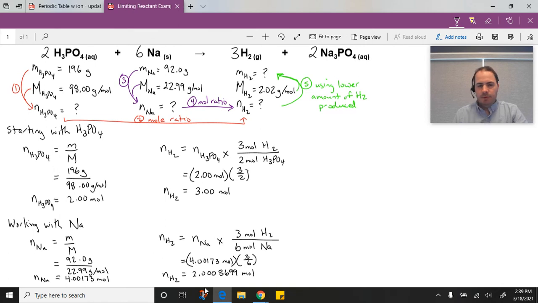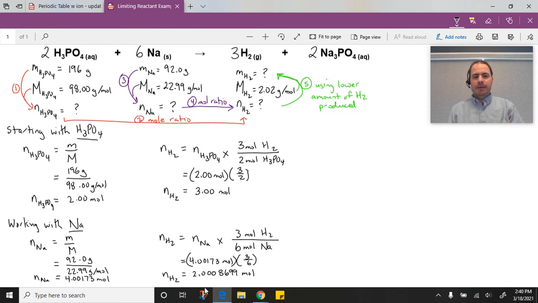So now this is the point where we look and say, okay, which substance, H3PO4 or sodium, which of those two substances produces the lower number of moles of hydrogen? And in this case, our sodium only produced 2 moles of hydrogen versus our H3PO4 producing 3 moles of hydrogen. So what that means is our sodium is going to run out as soon as we produce 2.008699 moles of hydrogen. Once that happens, the reaction stops.